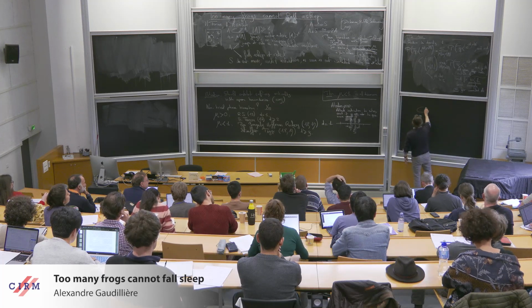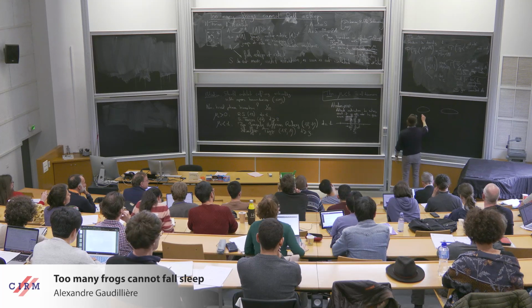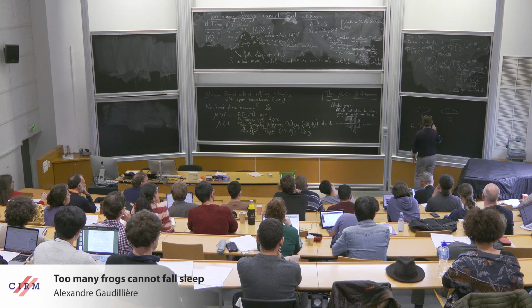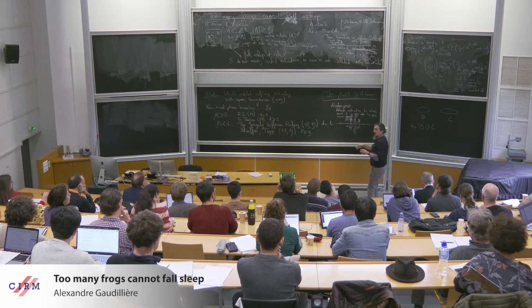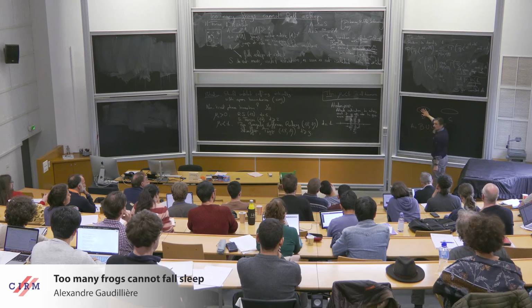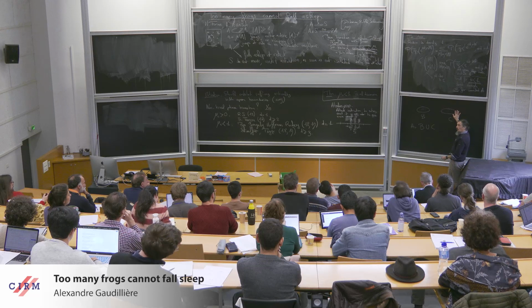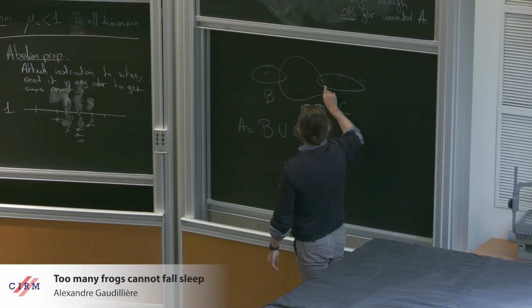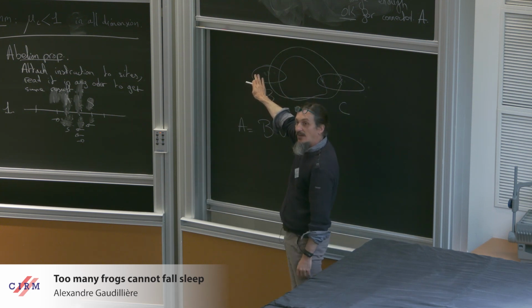If you have two sets, B and C, one way to stabilize this is to first stabilize B and then stabilize C. But while you stabilize C, since you make loops, you can activate some particles, some frogs there.